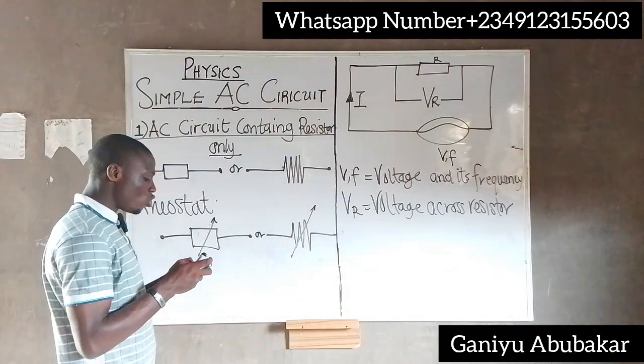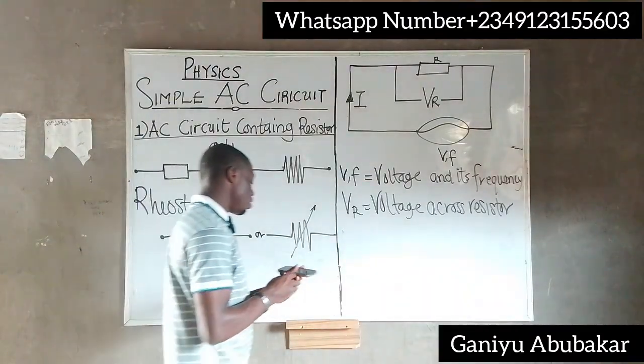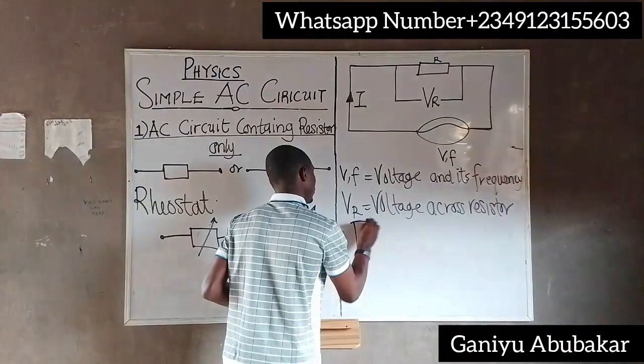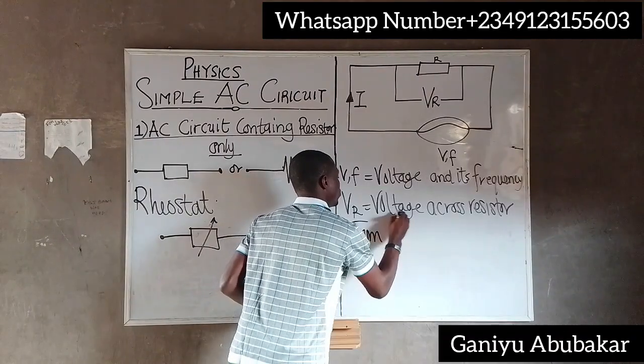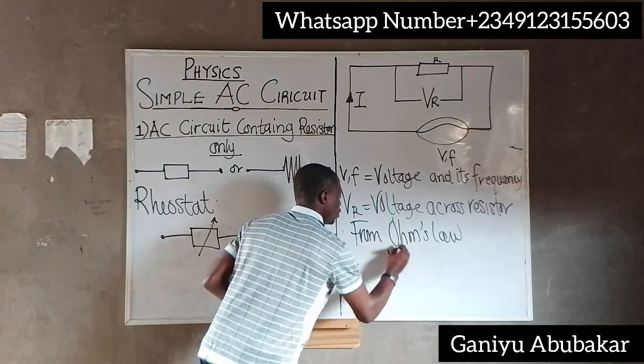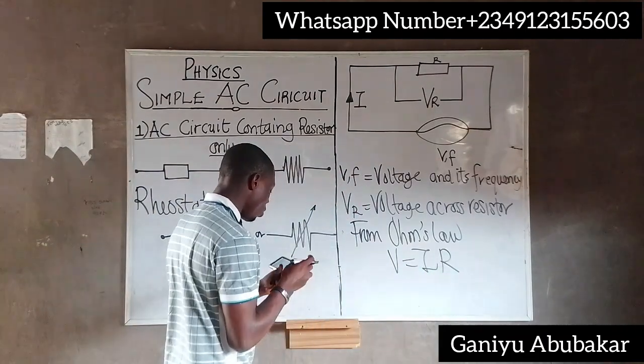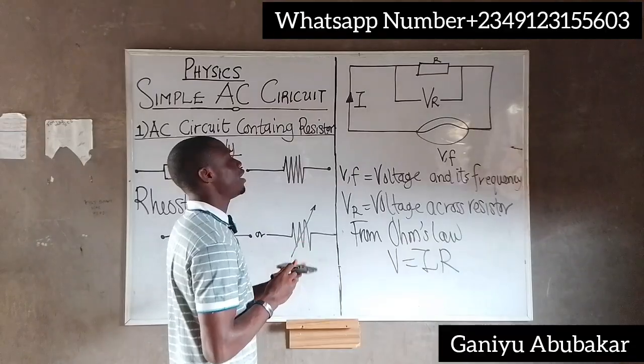The formula to note here is that we know from Ohm's law that V equals IR. So express this in terms of peak.